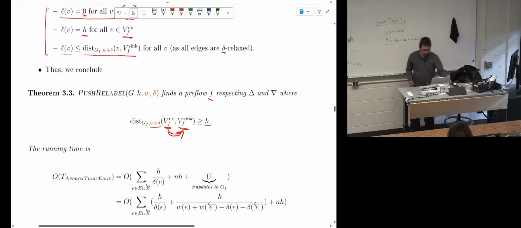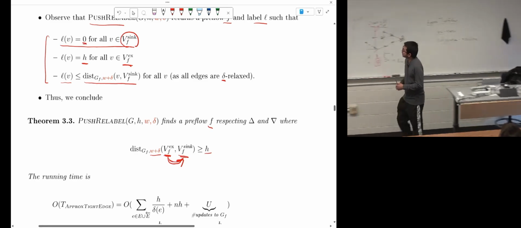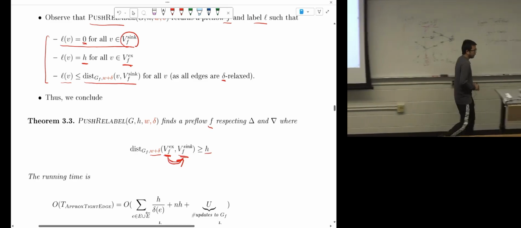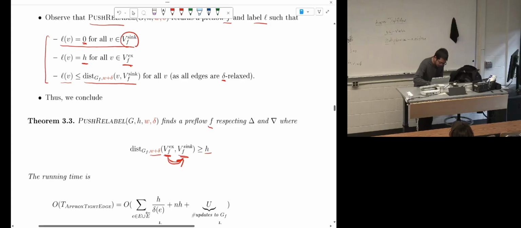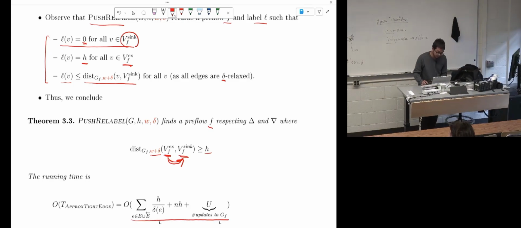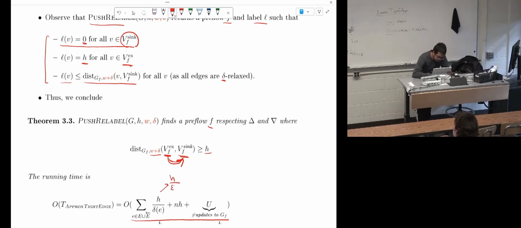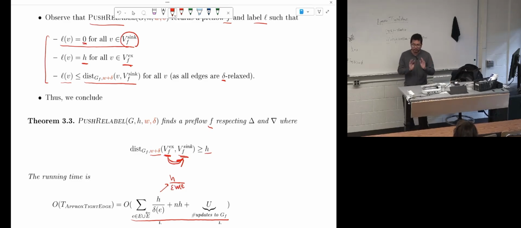Okay, good. And this is the running time, which is the running time for the Approx TightEdge data structure. I claimed in class, and this used to be, if you write it with multiplicative slack, this one, right? This is just from last class.